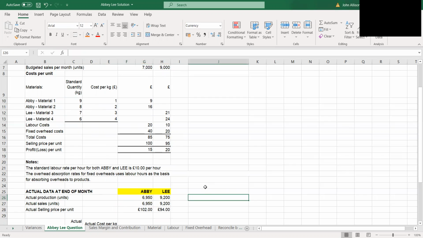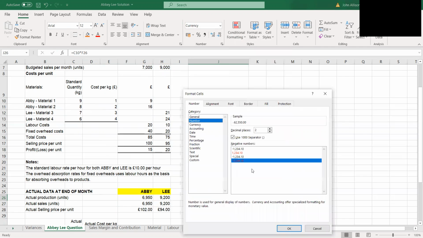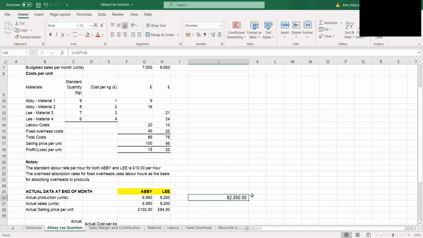If we do the calculation, 9 times 6,950 won't be a currency, it will just be units. It will be 62,550 kilograms.